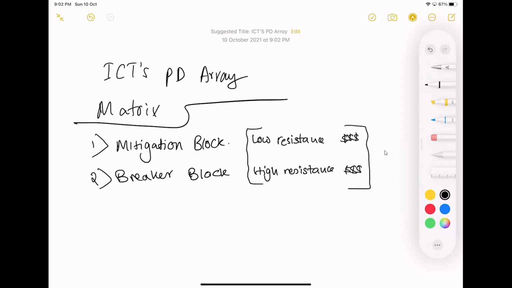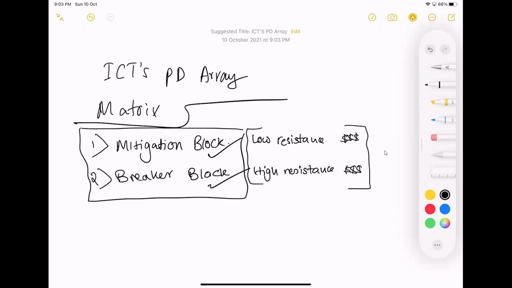So now these two are the building blocks for literally any price movement. If you're looking at, let's say, a daily chart, and you're looking at a daily down close candle, and then the up move immediately after it, it's going to have a mitigation block signature or a breaker block signature.